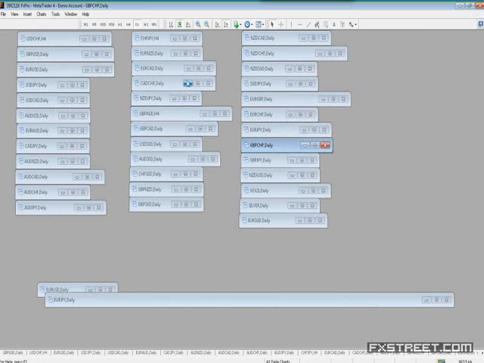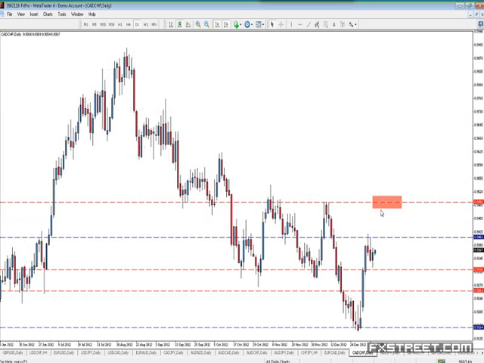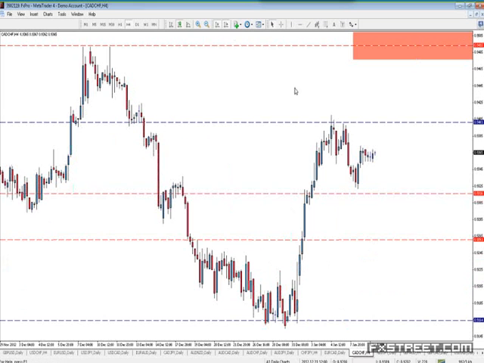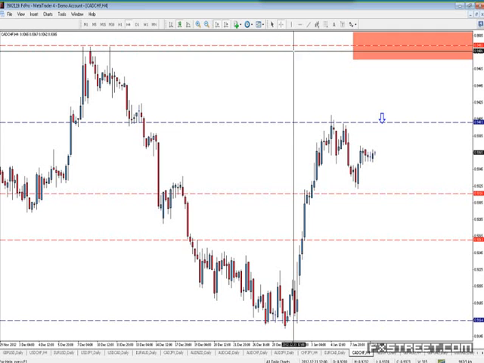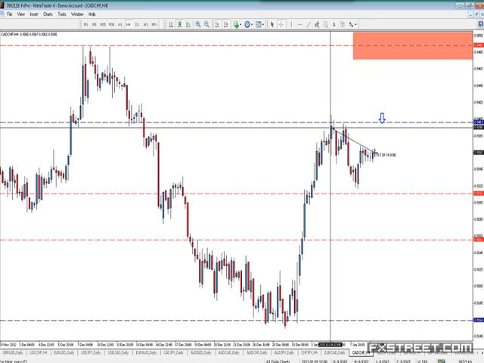CAD Swiss 4 hour. CAD Swiss 4 hour looks like 94.90 is a good spot. Let's go to 4 hour. If the CAD Swiss gets up to 94 again, we could sell it there, but it would need to print a bearish candle. Now, I would be a little bit worried if it got up there, because that would mean that we've had multiple touches up there in the last, let's see, in the last 20 candles.